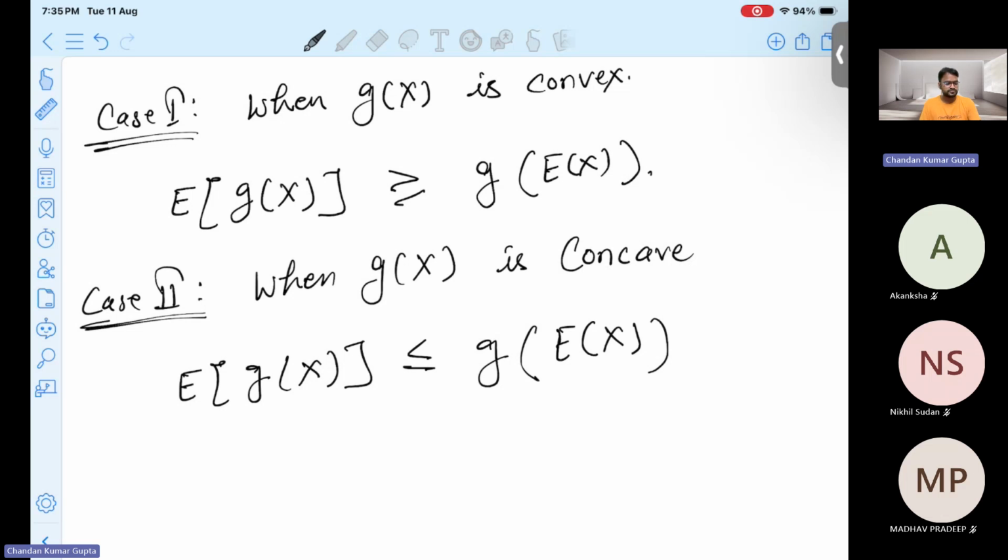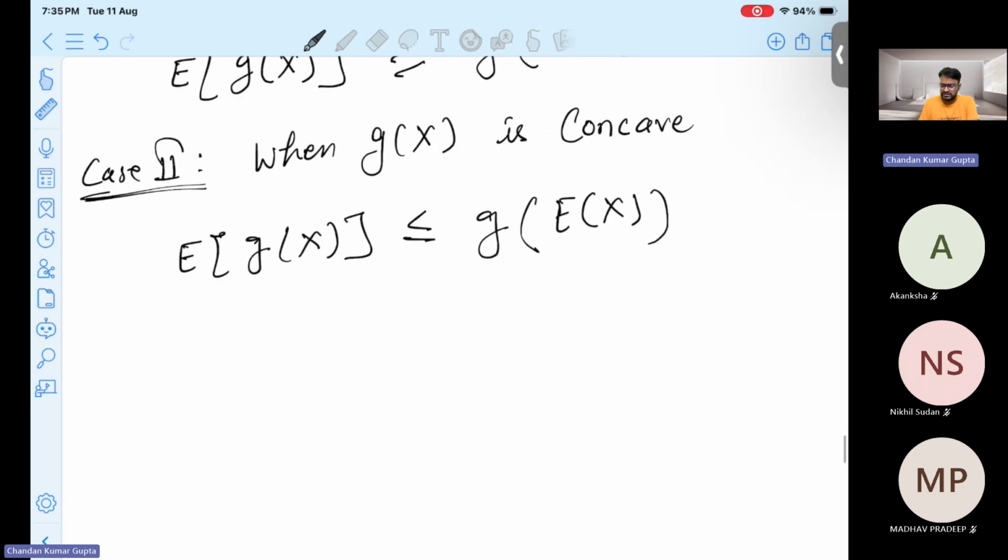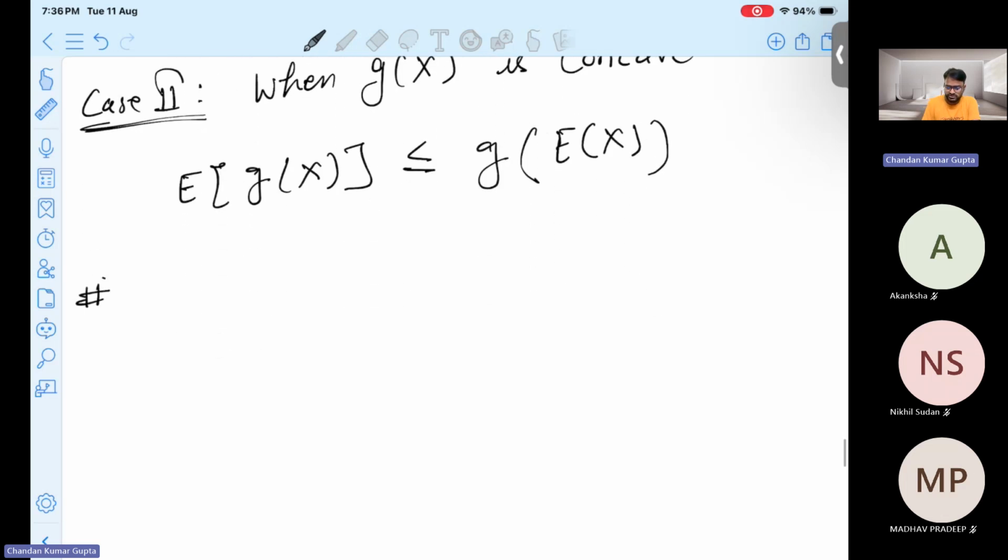There is one more inequality that we will not use, but let me write it here: Lyapunov inequality.